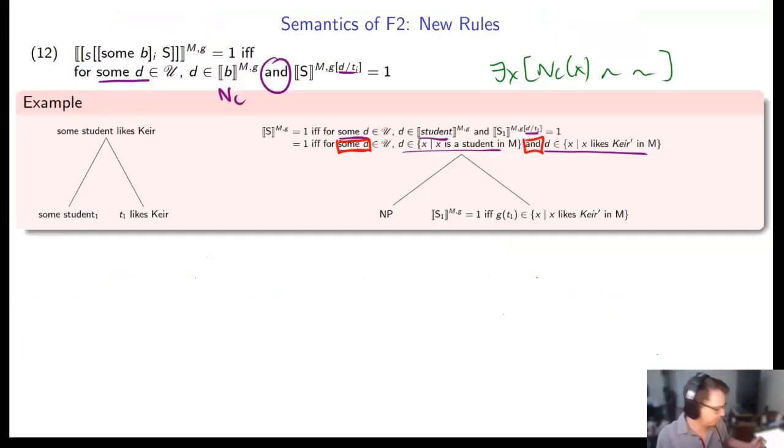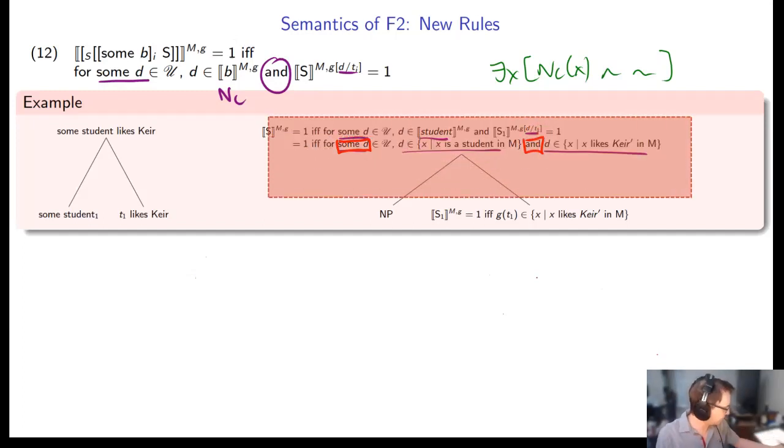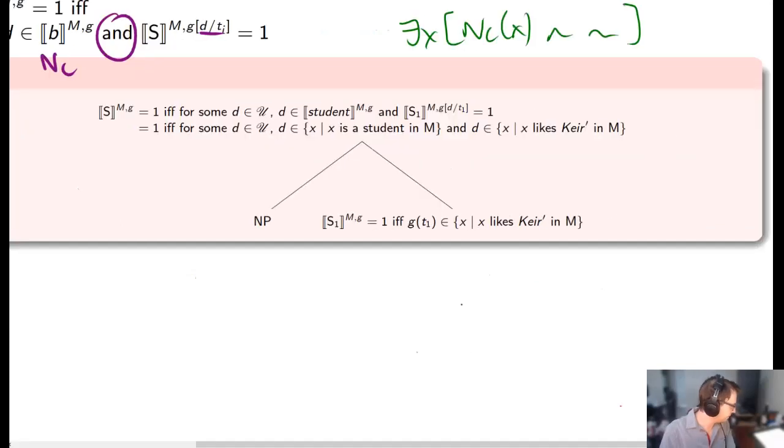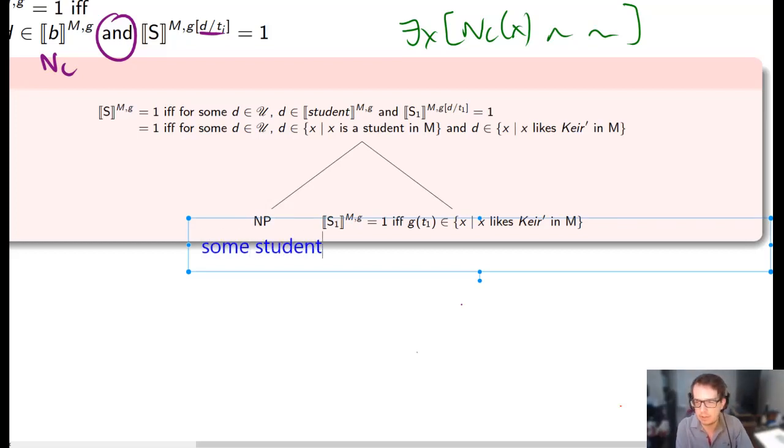So let's just refresh this rule a little bit because it's been a couple days for some. So this sentence was: this was some student, and that was 1, and this was T1 likes Kier.